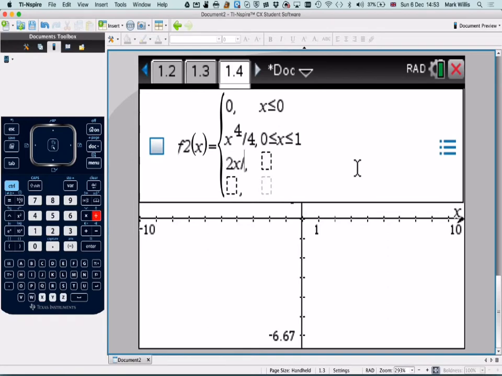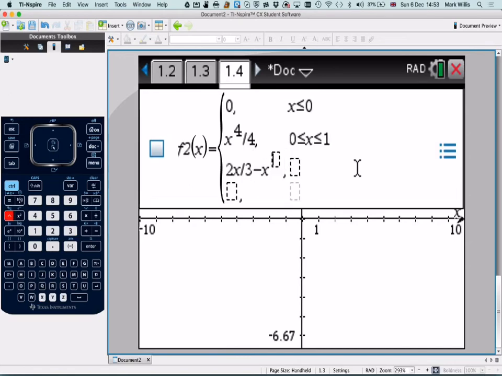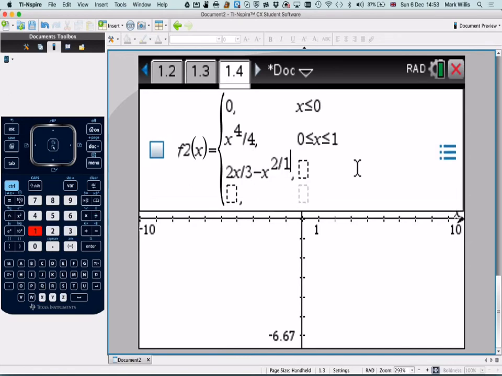this one we need to be careful, divided by 3 minus x squared divided by 12. Press the arrow key first before you do the divided by 12, since it's very easy to make a mistake.